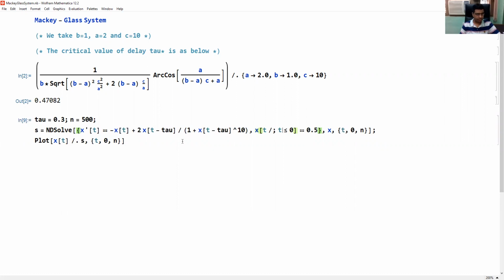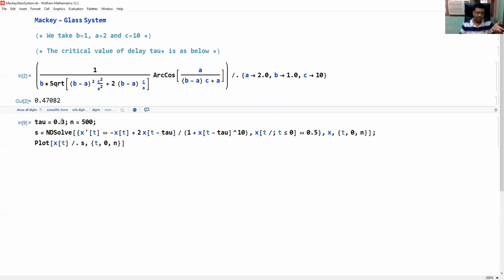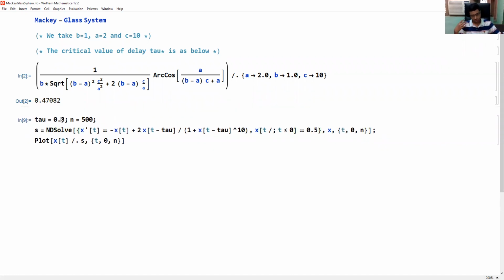So we are choosing an initial condition between 0 and 1. We may select an initial condition on the other side of 0, that is a negative initial condition. Let us see. According to our analysis, this should give solutions which converge to x2 star, that is 1.